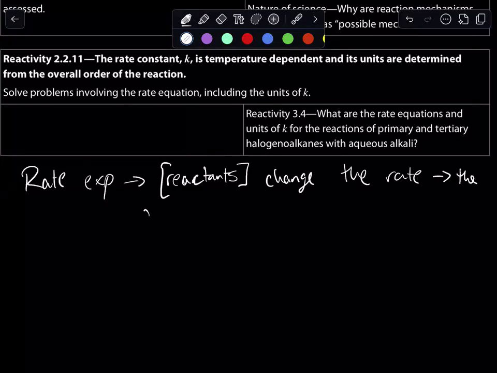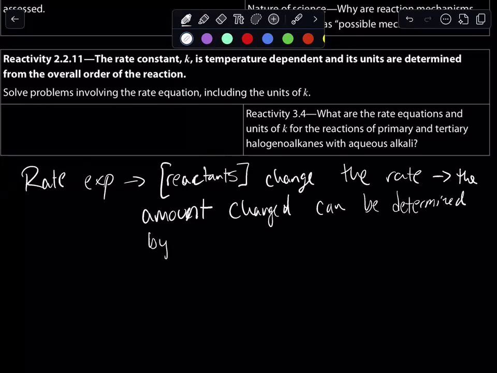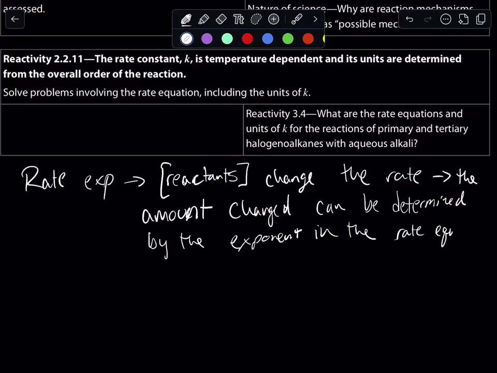The amount changed can be determined by the exponent in the rate equation. So we refer to that exponent specifically as the order of reaction.